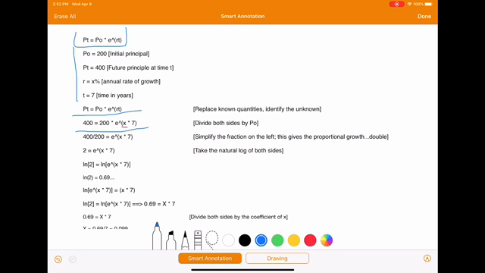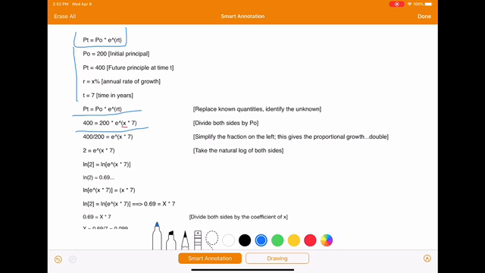The first thing to do, you're probably ahead of me, we see that the e raised to a power with our unknown in it is a problem, but we've also got a simpler problem. The whole thing is multiplied by 200, and that's in the way of getting an isolation for x. So we'll divide both sides by 200, and that will take the 200 out of the right side of the equation and move it over to the left.